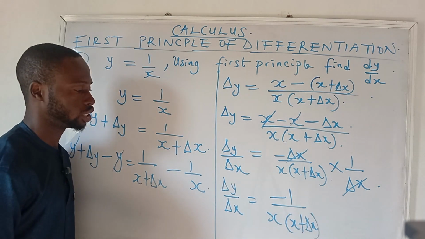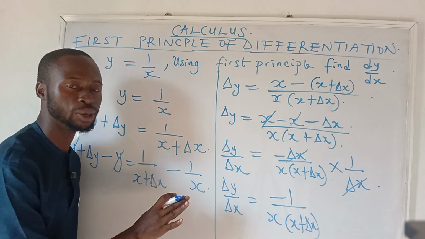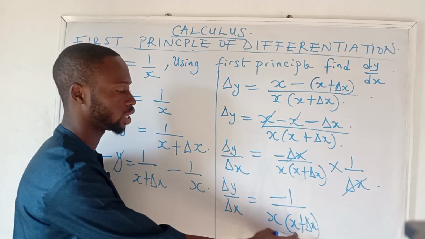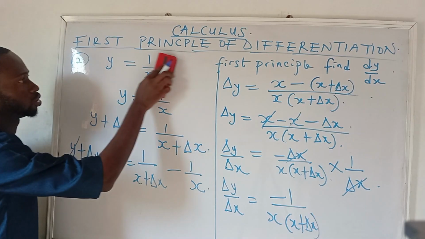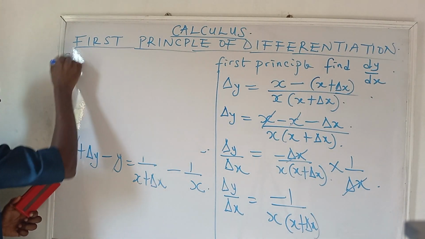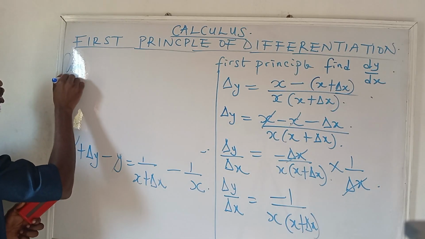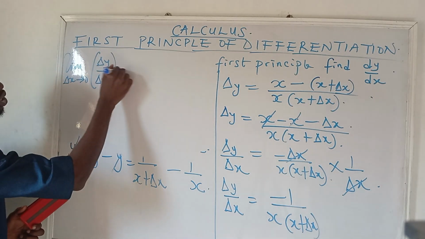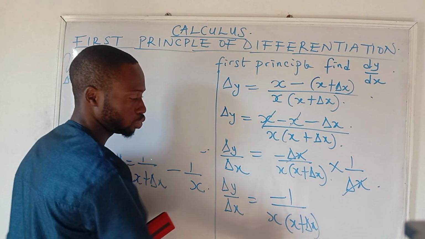So we have this. Now after this, the last step is to limit change in x to 0. We are limiting change in x to 0 so that we can finalize our answer. So what we are going to have is limit of change in x to 0 will give me dy over dx. That is, whenever I see change in x, I'm putting 0.